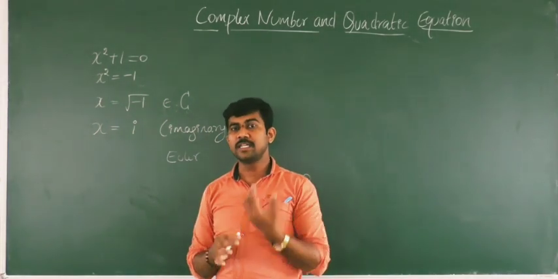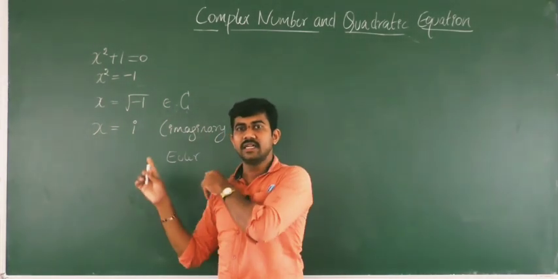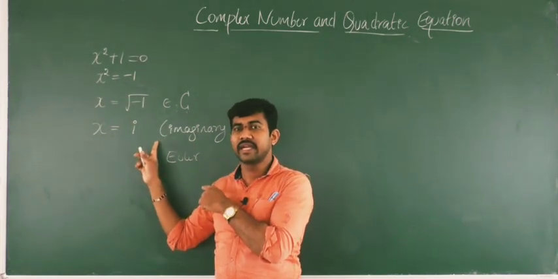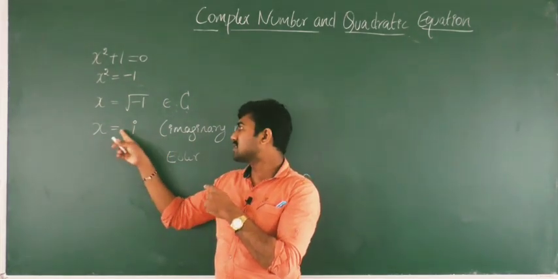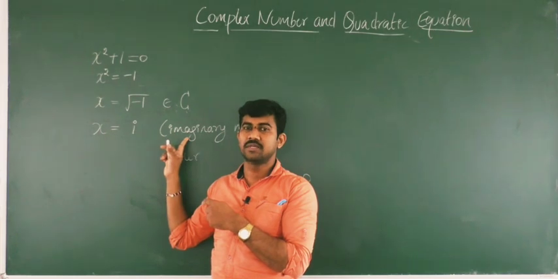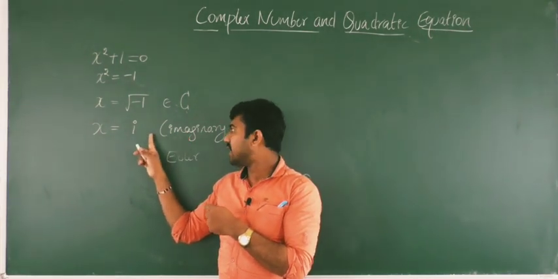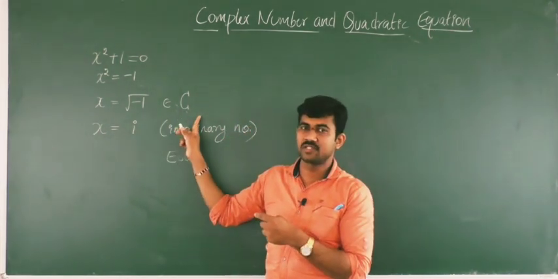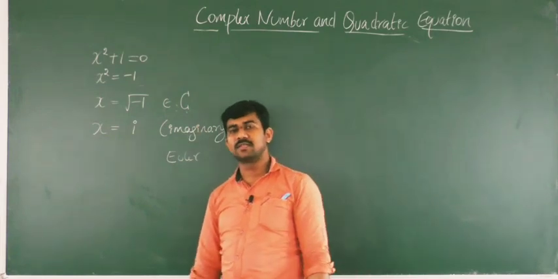So what is a complex number then? Just as I said, the imaginary number you can write as i. x is equal to i, so i is the imaginary number, and i is a complex number also. What is meant by a complex number?